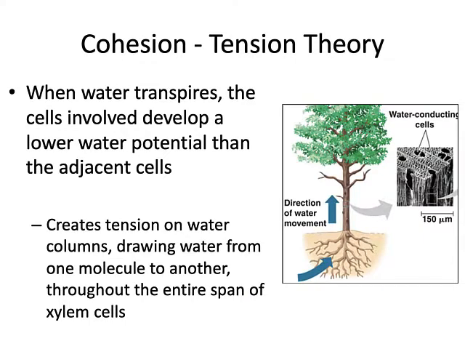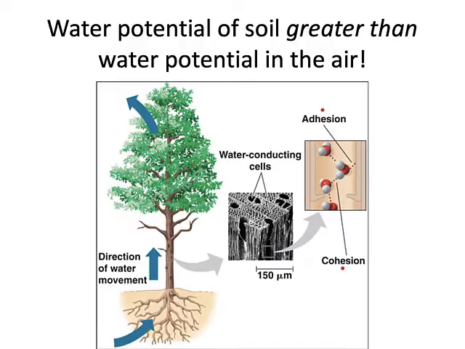When water transpires, the cells involved develop a lower water potential than the adjacent cells. This simply creates tension on the water column, drawing water from one molecule to another and throughout the entire span of the xylem, from root to stem to leaf. It's important to note that the water potential of the soil is greater than the water potential in the air.